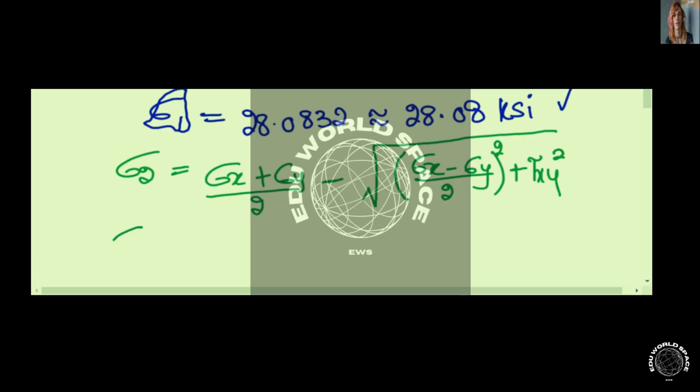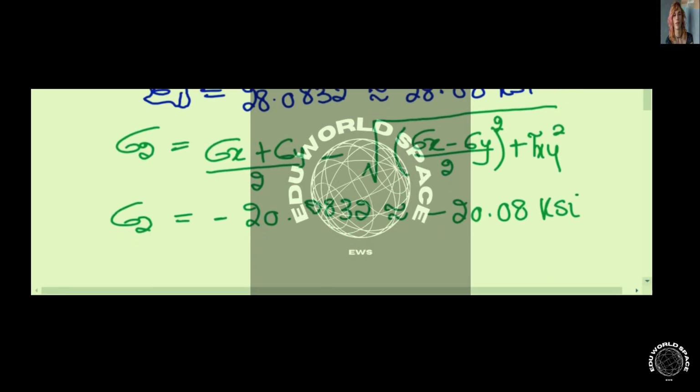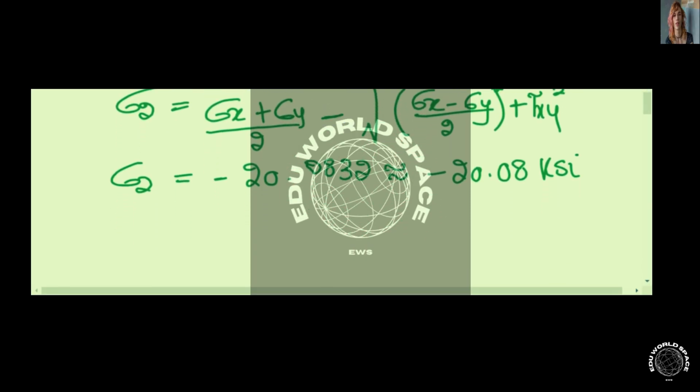Again, you have all the values, just plug them in and you'll get that sigma sub 2 is equal to negative 20.0832, and that is approximately equal to negative 20.08 ksi, right?